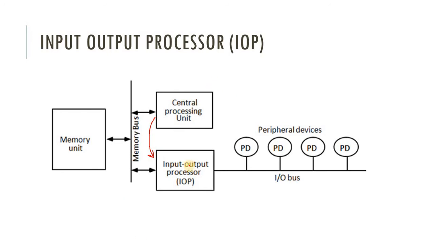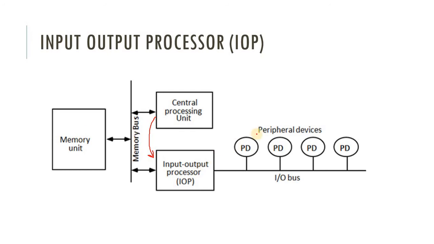Now it is the responsibility of the IO processor to transfer the data between the peripheral device and the memory unit. So the whole access for the data transfer is handed over to the IO processor. The IO processor gets the data from the peripheral device and transfers it to the memory, or gets the data from the memory unit and transfers it to the peripheral device.